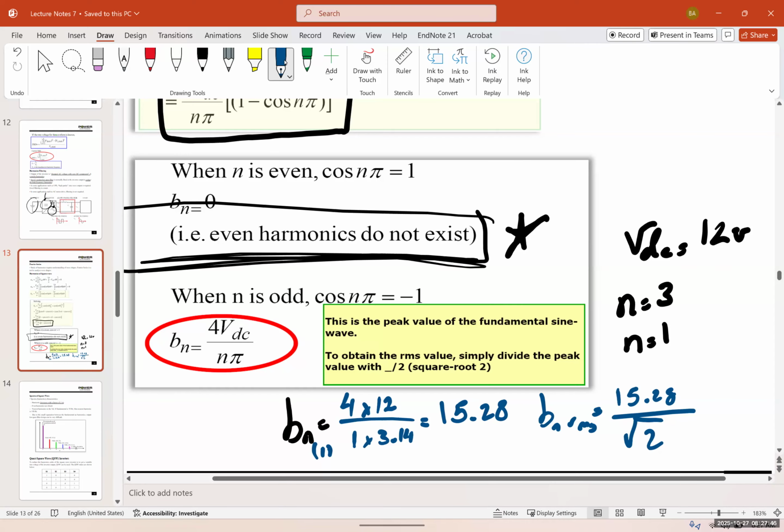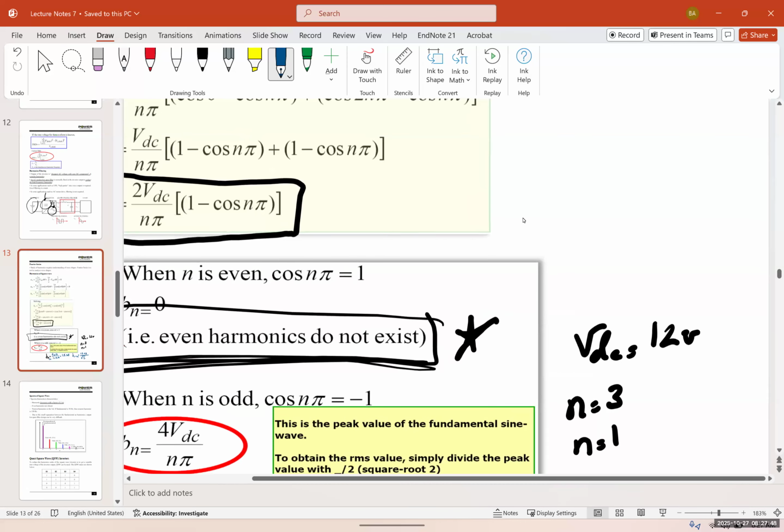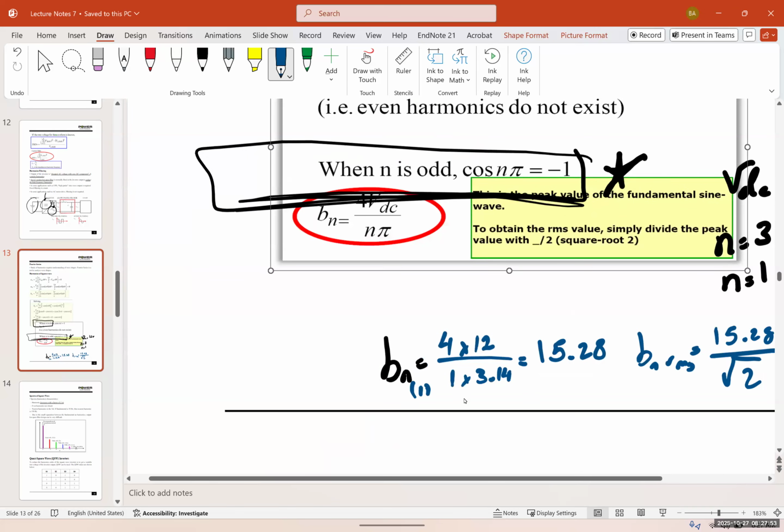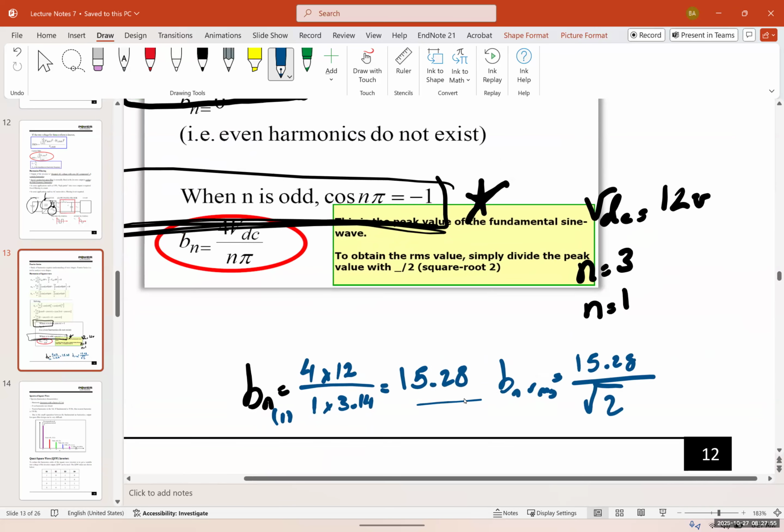And what is it for the third? We would just divide this by 3, because it's V1 divided by 3, so it's going to be 5.09. And this is going to be for Bn3. For the fifth one, it's going to be that divided by 5.